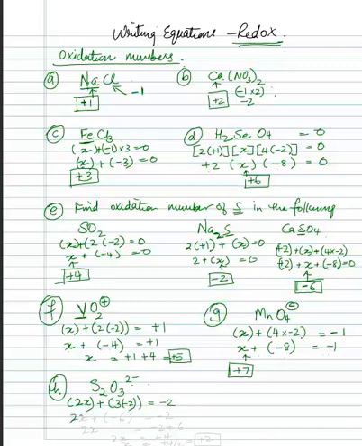So 2x plus -6 is equal to -2. If you want to do this one in algebra form, you can. So 2x is equal to -2 plus 6, which is equal to +4. So x is equal to +4 divided by 2, which is +2. Okay, so that is how you would do it for the thiosulfate ion.